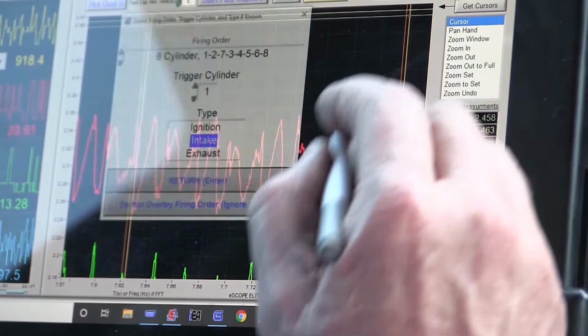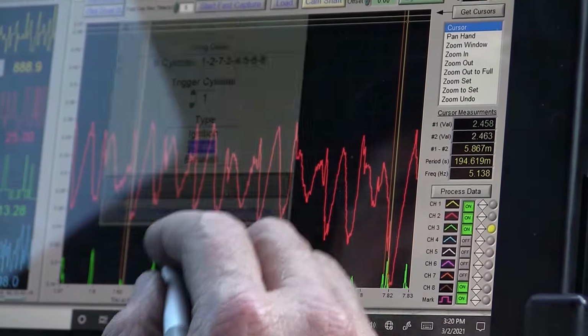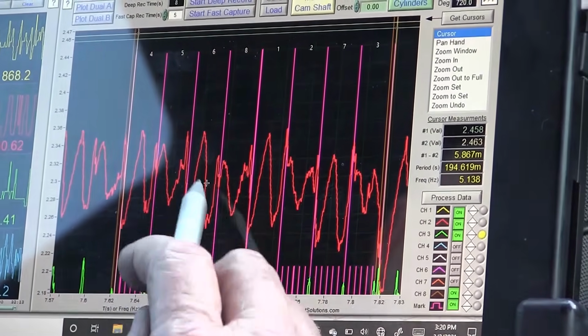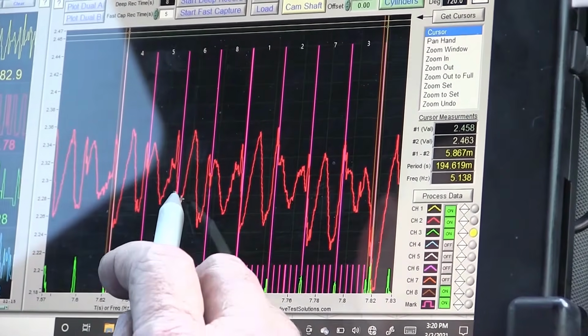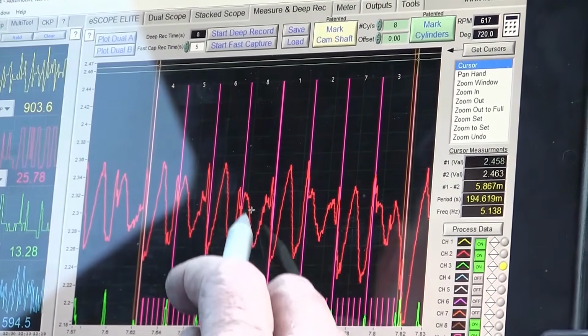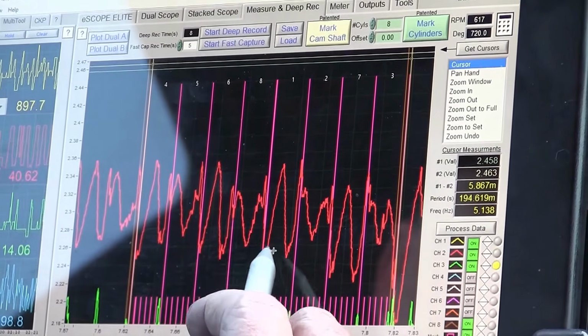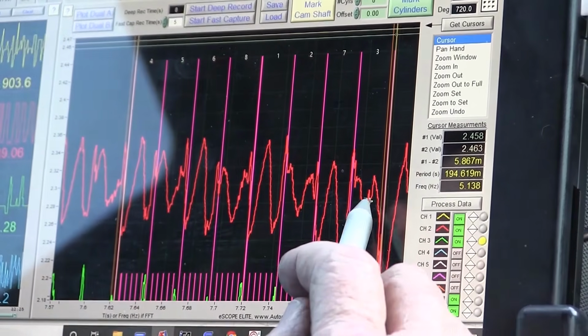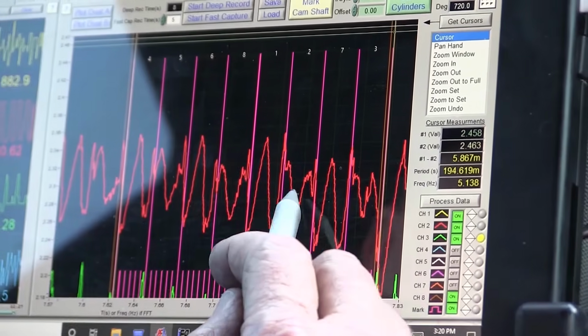And then we're going to mark this. Okay, so we can see how this one is right. This one, 4 is right. 6 is right. This one isn't working right. 1 is right. And 7 is right. And these ones are having a problem.